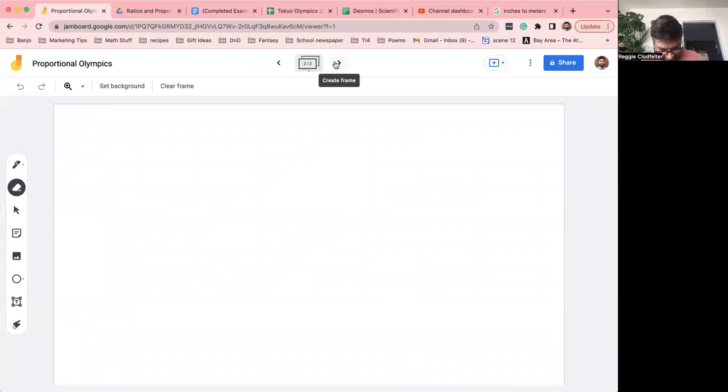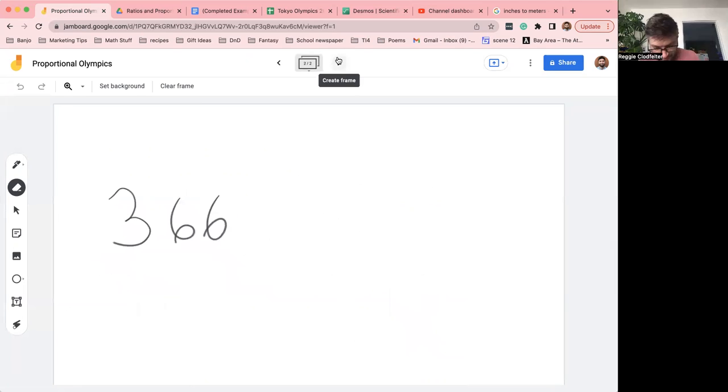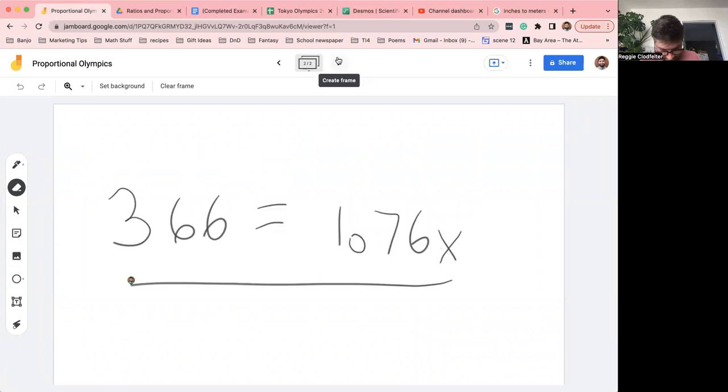Then you're going to multiply 1.76 by x, which gives 1.76x. Obviously you'll use your own fastest competitor's height. Then you're going to divide 366 for me by 1.76.